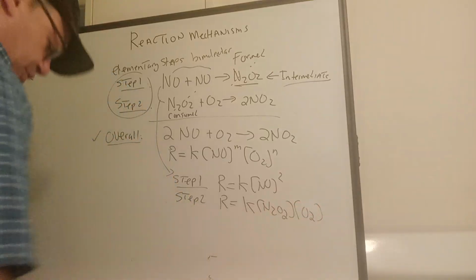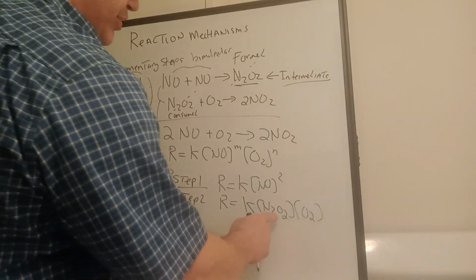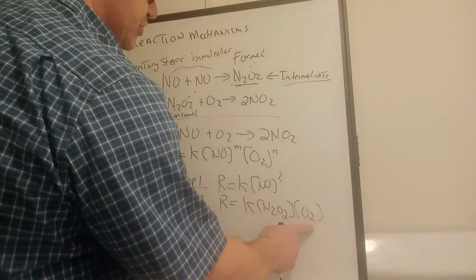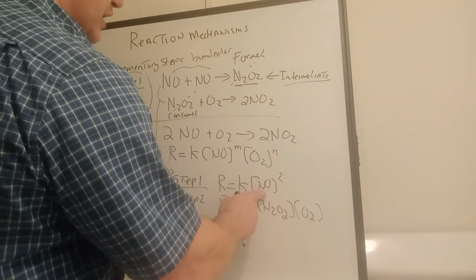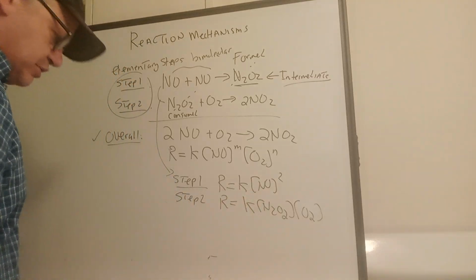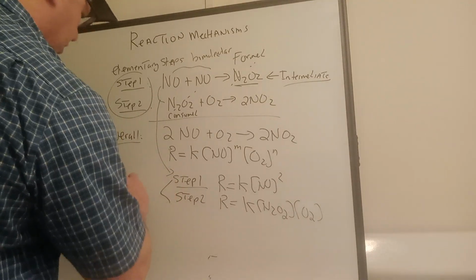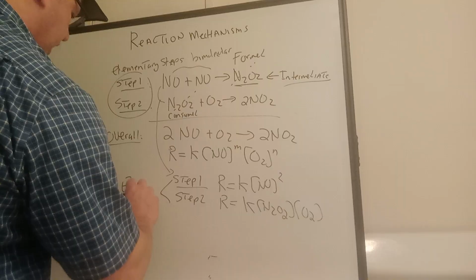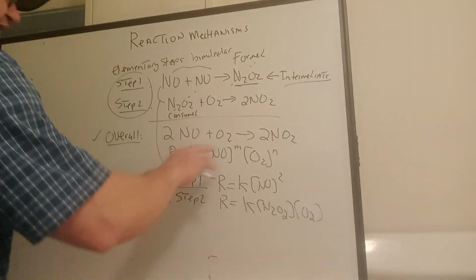The overall order is second, but it's what I would call a type 2, where you have first order in one species and first order in a second, as opposed to second order for one species. So you can write rate laws for elementary steps. These are elementary steps. They're not overall reactions like this, so they're different.